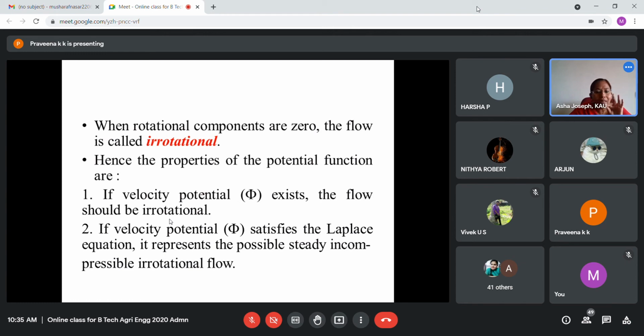Then if it satisfies the Laplace equation, it represents a possible steady, incompressible, irrotational flow. So from the previous expressions we were deriving, from that only we have come to all these conclusions. Hope it is clear to you.